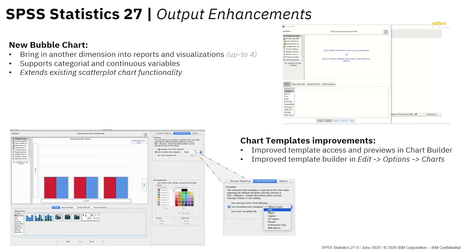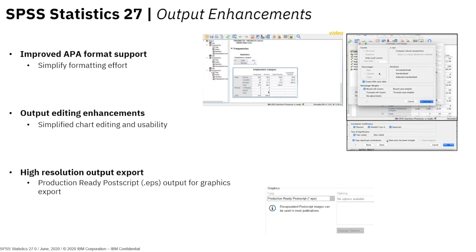There's new bubble charts within it. So if you want to look at bubble charts, it extends the scatter plot functionality, but it gives you a lot of access to do stuff within version 27 that just wasn't there before. There's also just improvements on the output.